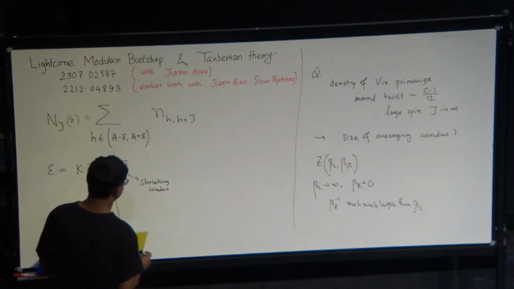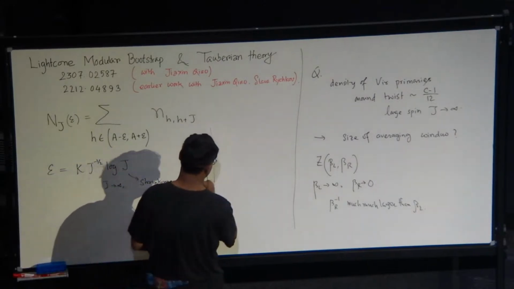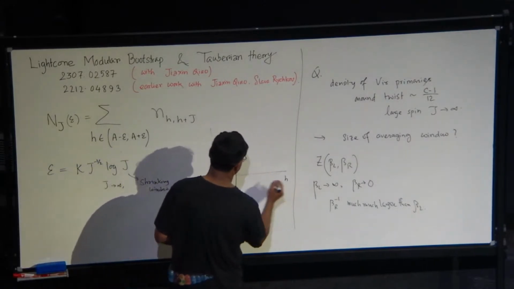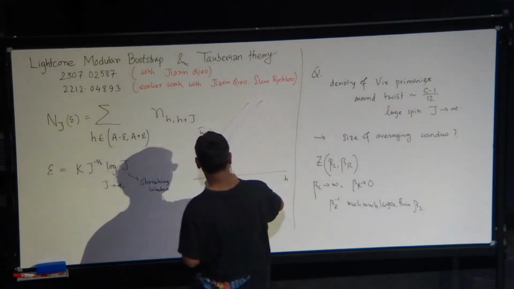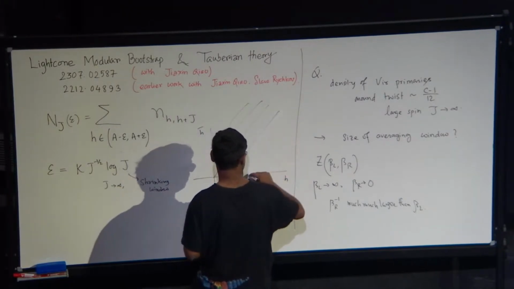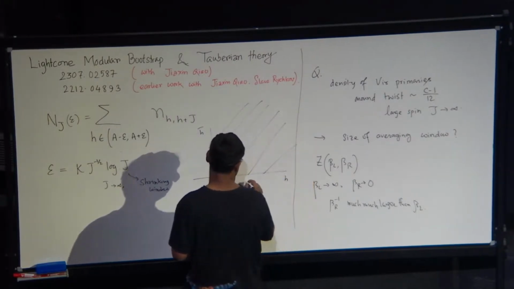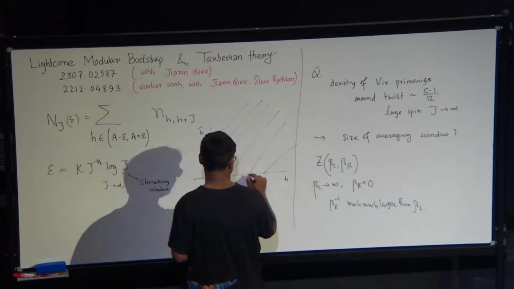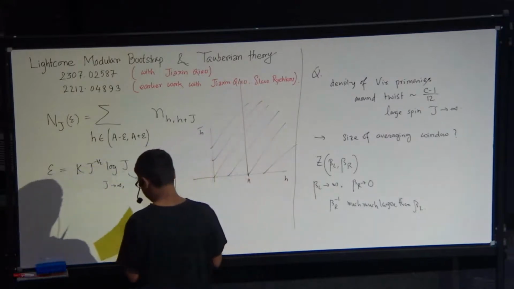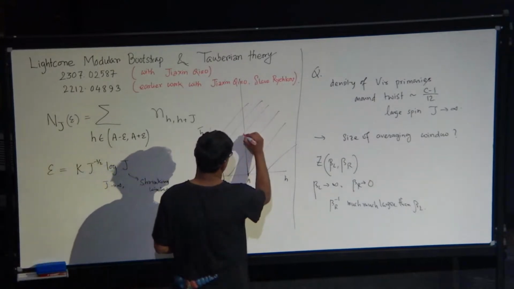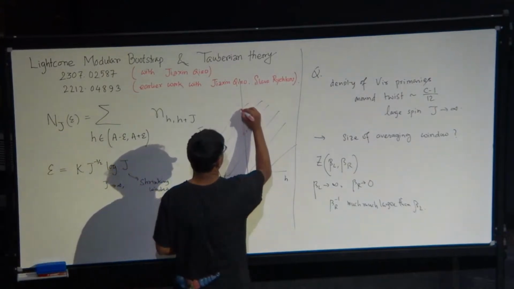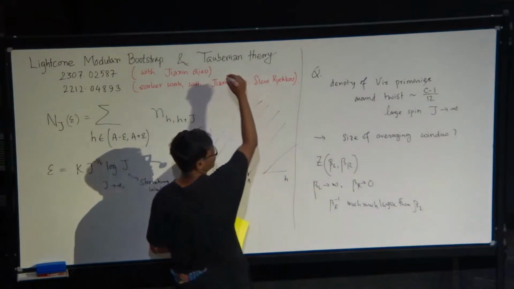So pictorially, I am trying to estimate this thing where you have h and h bar, and these are the fixed spin lines. And say this is your point A. So basically, we are trying to estimate the number of operators inside some narrow window as J goes to infinity.